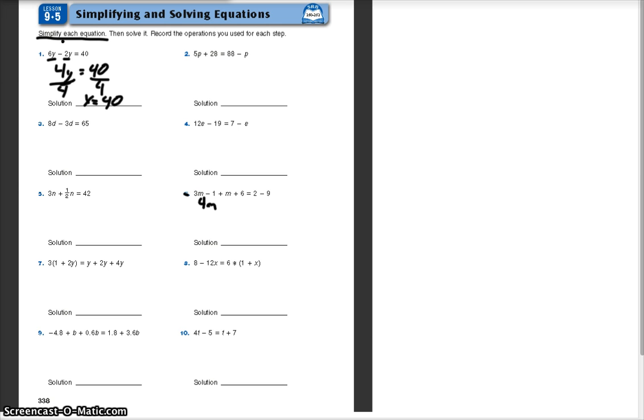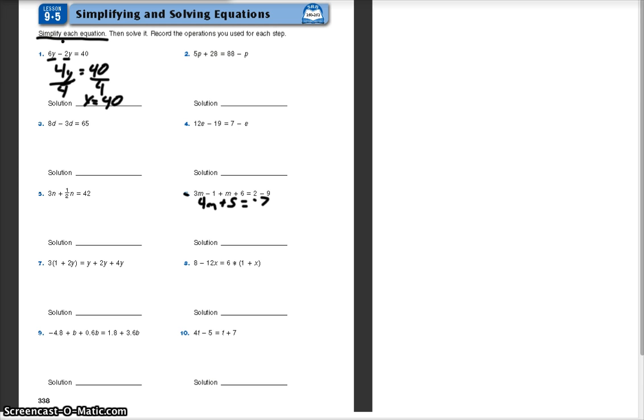Then I have negative 1 and positive 6. So that's going to be plus 5. So I've got 4m plus 5 equals 2 minus 9, negative 9, and then positive 2. So I'm going to have negative 7. So I have 4m plus 5 equals negative 7.